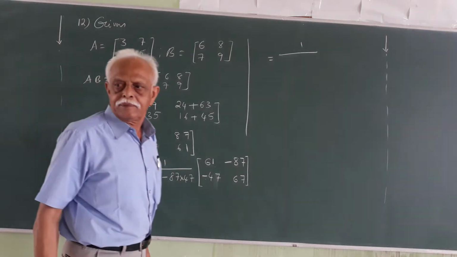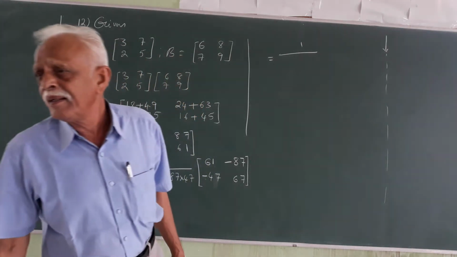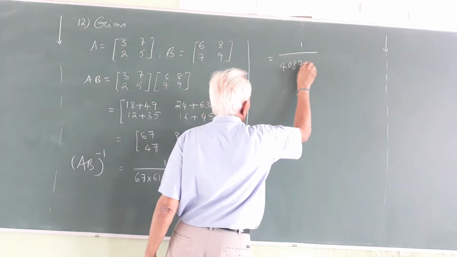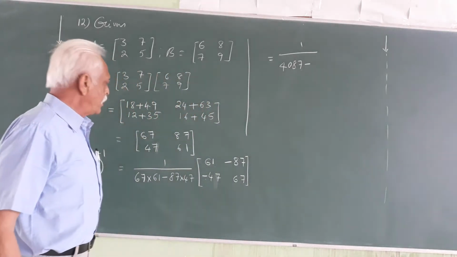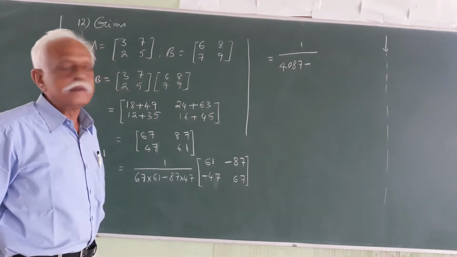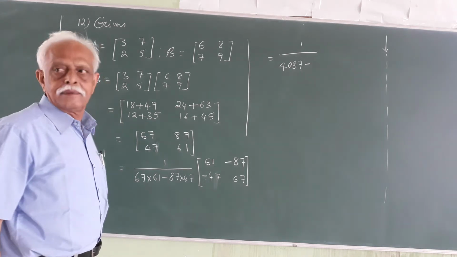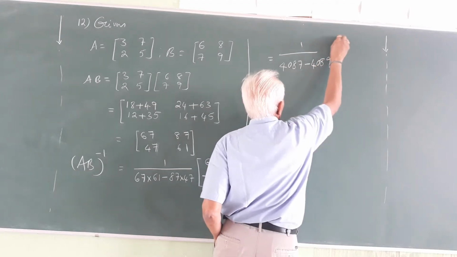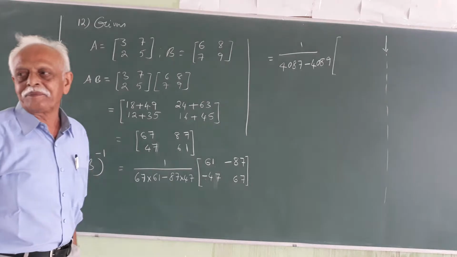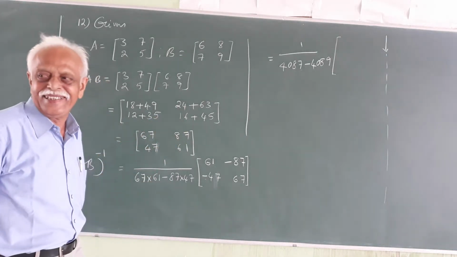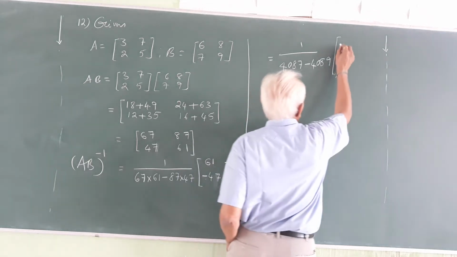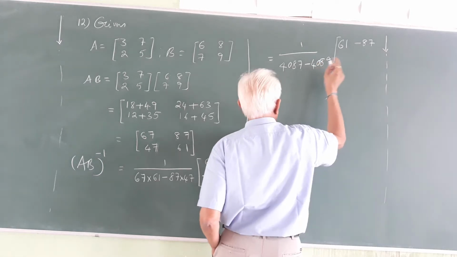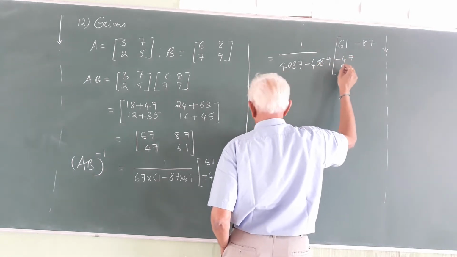This is equal to 1 by 67 into 61, 4087, minus 87 into 47, 4089. So [61, minus 87; minus 47, 67].